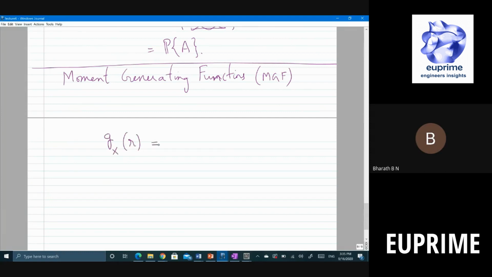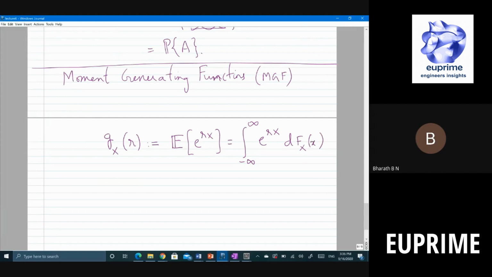This is not the usual notation that others use. So this is nothing but the expected value of e power rX, which is the integral over x taking any value from minus infinity to infinity. Well, I'm going to define this for a continuous random variable. So e power rx dFx of x. You know what this is, right? This is the Stieltjes integral.